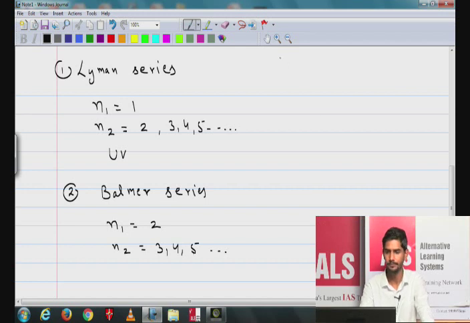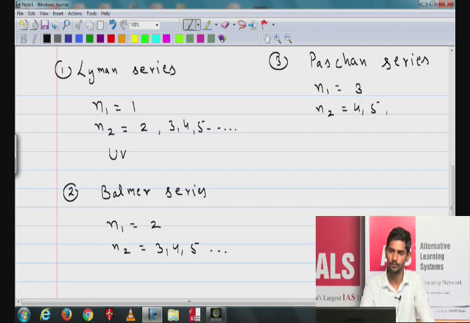Then Lyman, Balmer, Paschen series, where n1 was 3 and n2 was 4, 5, 6 and so on.